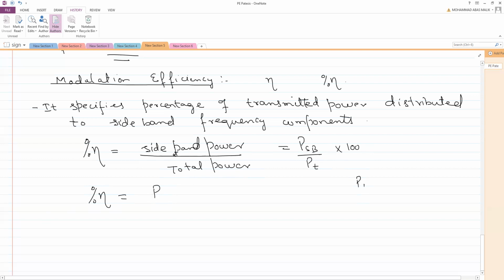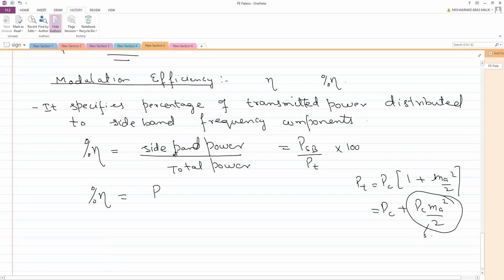From the definition, PT is equal to PC times (1 plus MA square divided by 2). PC is the carrier power and PC MA square by 2 is the total sideband power. So sideband power is PC MA square divided by 2, divided by total power PT, and that's equal to PC times (1 plus MA square divided by 2).